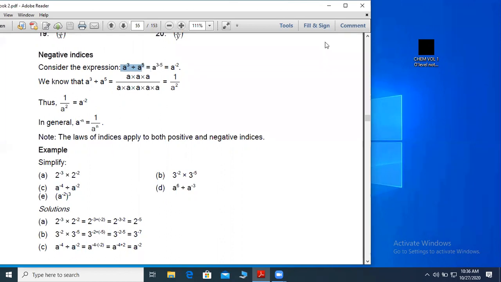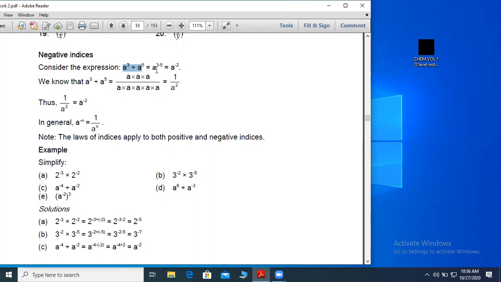This one is the same as having a to power 3. Since we are dividing and the bases are the same, remember, the bases are the same, we write one base and we subtract the powers.